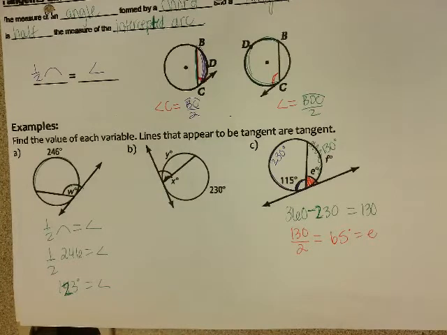Okay. What do I know about opposite angles in a quadrilateral that's in a circle? They're supplementary. So I know if I add these together, what do they equal? 180. You can, but it'll be more beneficial to do this.